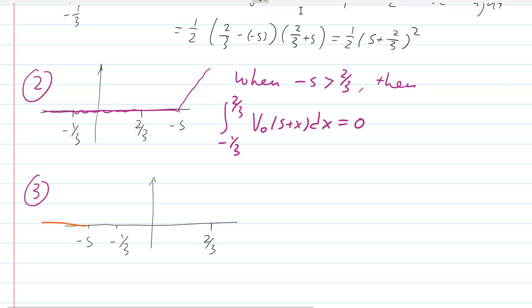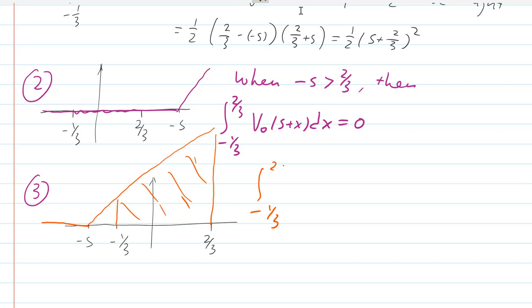It breaks at negative s, then 45 degrees, right? And your integral lower limit is over here and upper limit is over here. So this is going to be your area. And this is the area of the trapezoid. So from negative 1/3 to positive 2/3, v naught s plus x dx, in this case, is the area of the trapezoid.